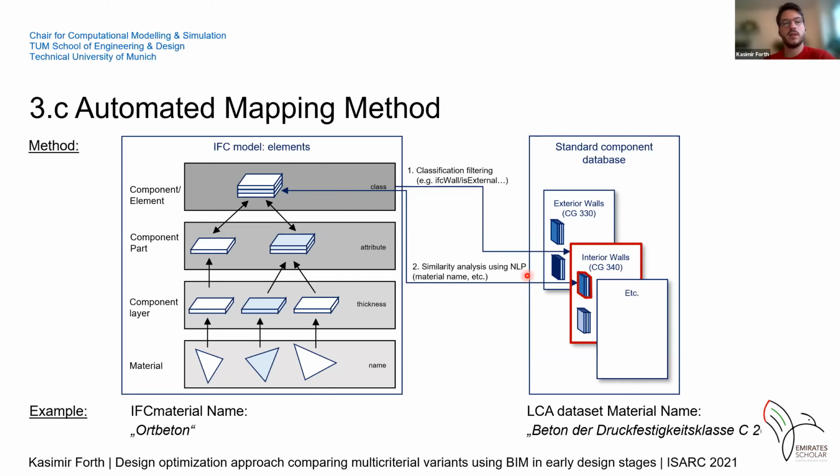One example from a case study I recently conducted: the IFC material name was Ortbeton, the German general terminology for concrete cast on site, but the LCA data set which was then mapped was already a very specific concrete type.